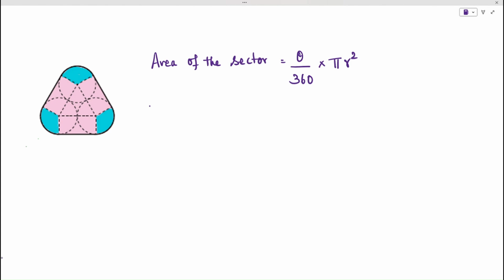And so to find out the angle in our sector, we have the internal angles of our rectangles being 90 degrees, and we have 2 of those. So we have 90 times 2.